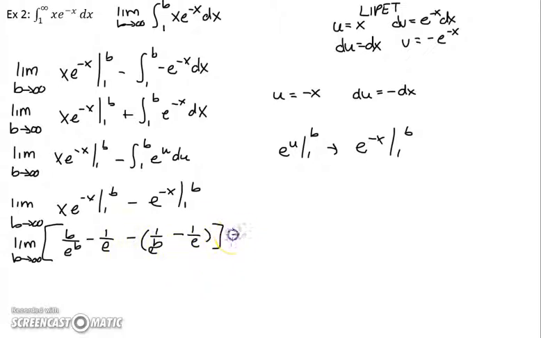We can simplify this a little bit, combine some like terms. We're going to say the limit as b approaches infinity of negative 1 over e.